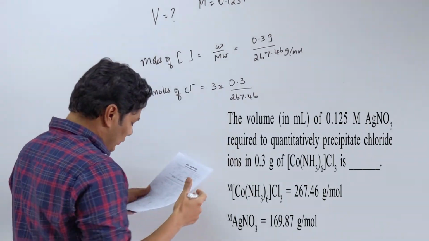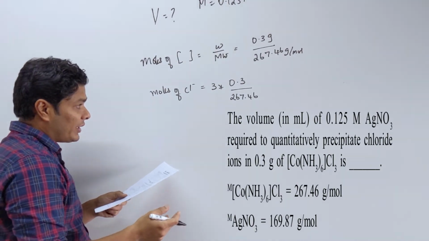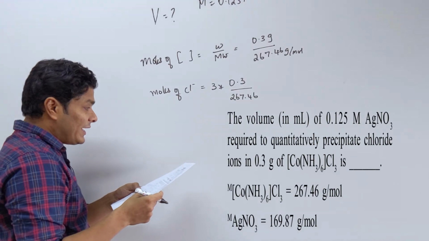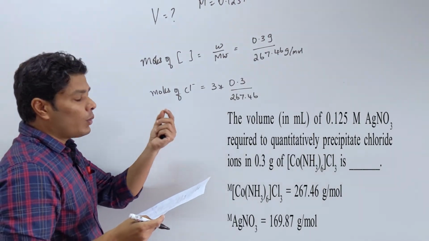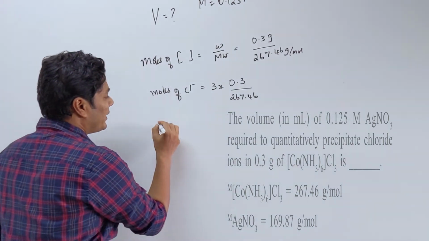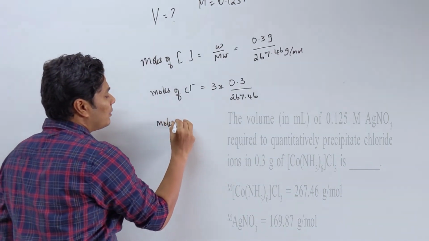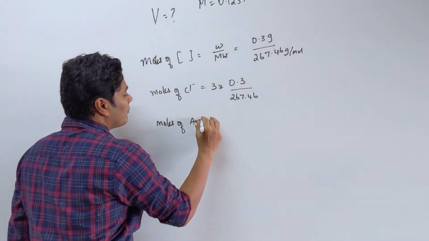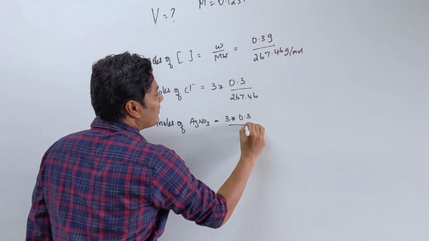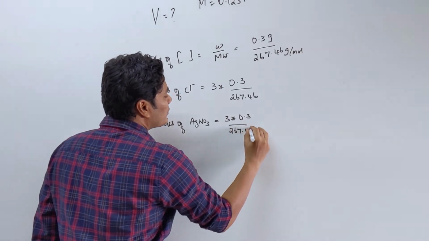Now I know the moles of chlorine, they are asking me the volume of AgNO3. So this would be the moles of AgNO3 required. 1 mole of chlorine reacts with 1 Ag+. So this is the moles of Ag+ required, or moles of AgNO3 is 3 times 0.3 divided by 267.46.